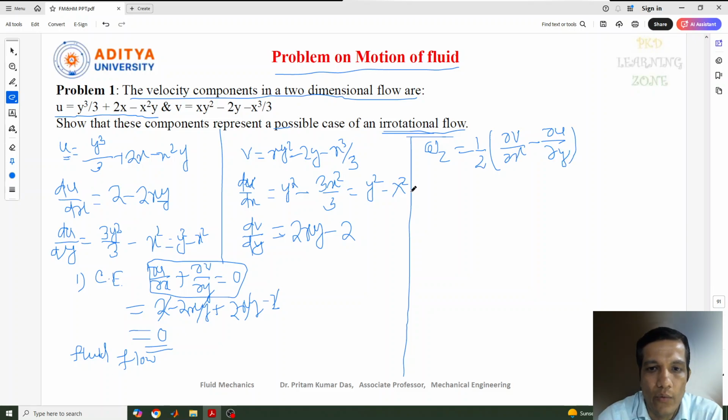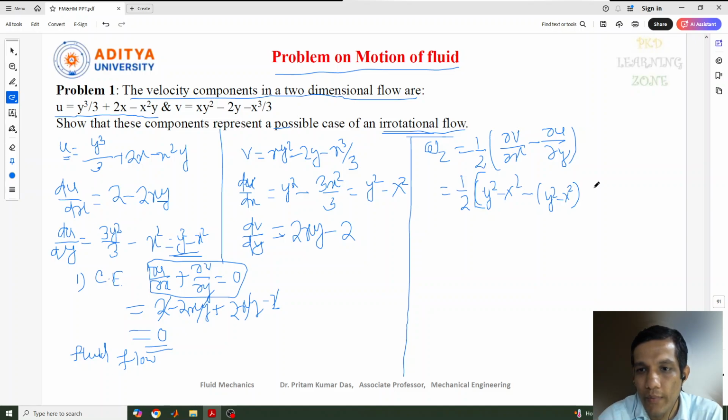Now let's put in the values. Del v by del x is y square minus x square, minus del u by del y, which is also y square minus x square.